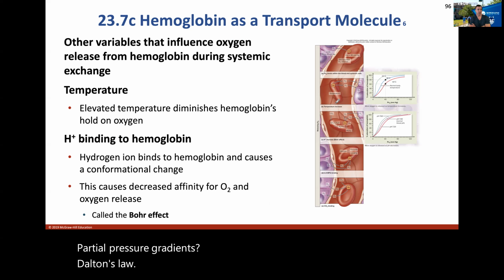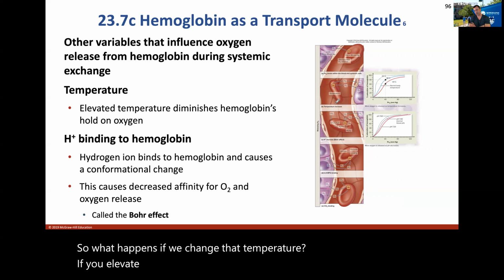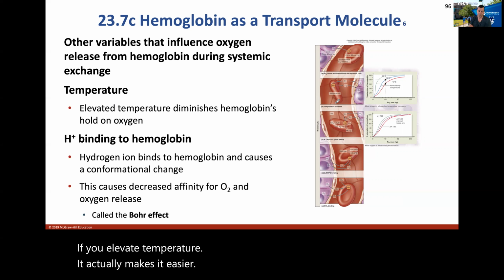All of it is based on a constant temperature. So what happens if we change that temperature? If you elevate temperature, it actually makes it easier for hemoglobin to get off. It diminishes hemoglobin's hold on oxygen.